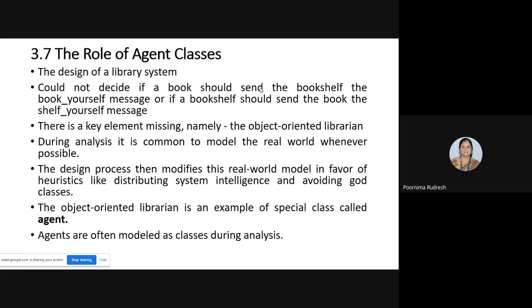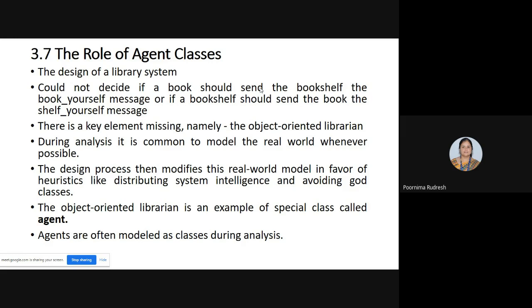During the analysis, it is common to model the real world problem whenever it is possible. So here we are discussing the real world problem, the library system. In the design process, this real world model is modified in favor of heuristics like distributing system intelligence and avoiding the god classes problem.